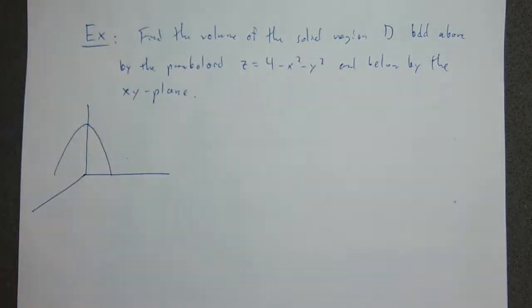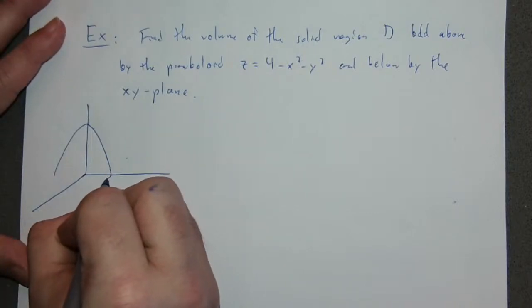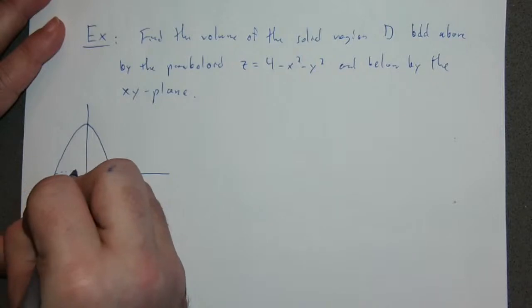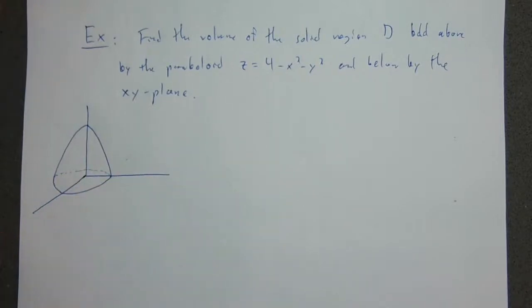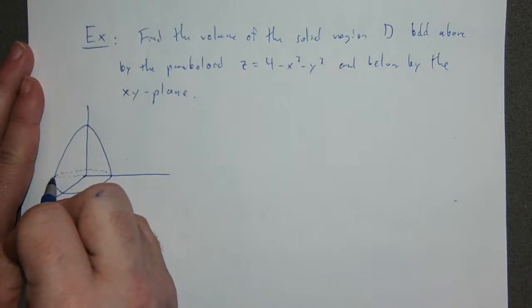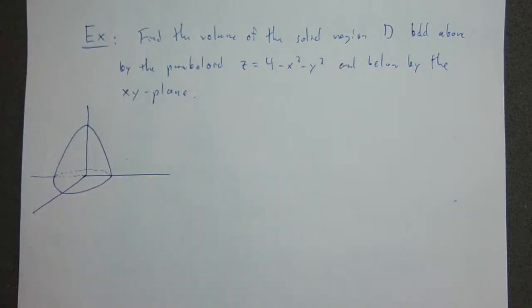Now, what about its intersection with the xy plane? What does that look like? Again, we did a very similar example to this when we were first talking about representing these types of objects in space. I did a bad job drawing this, but this is what the picture looks like.